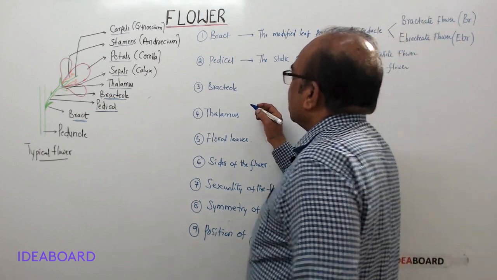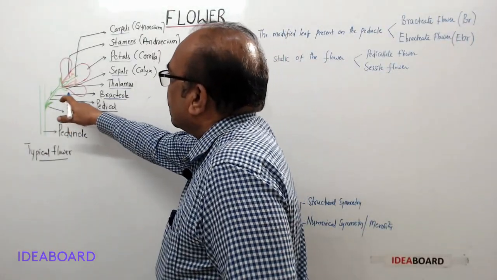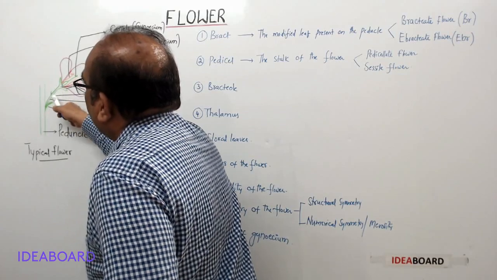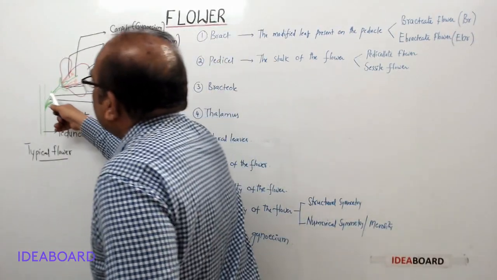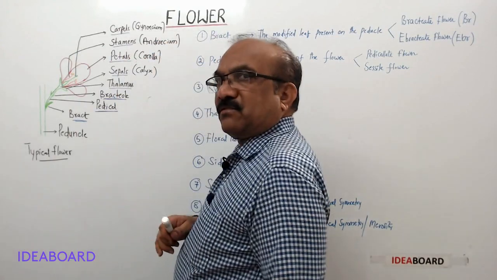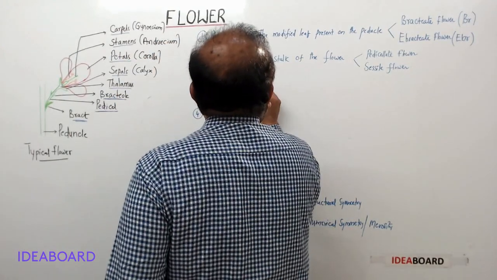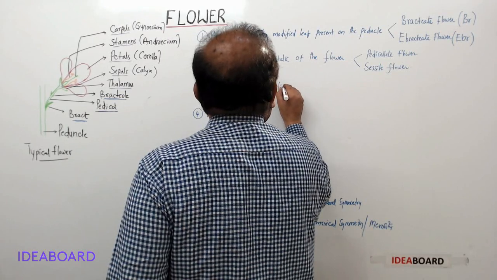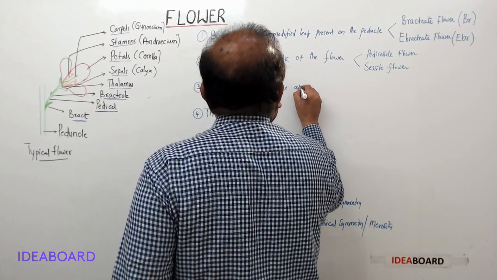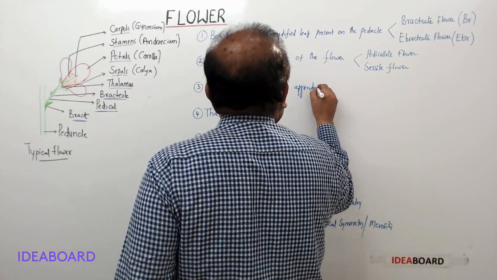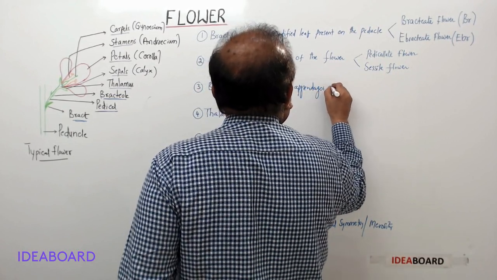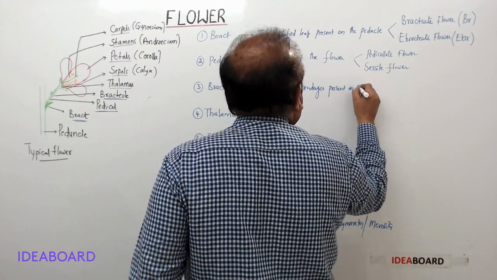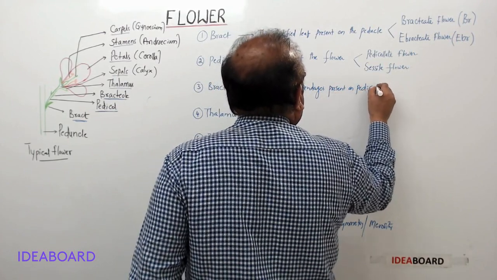And now, what is this bracteole? And you can see that this is pedicel, and over that pedicel, you will find some leaf-like structures. So remember that these are not modified leaves; they are leaf-like appendages present on pedicel.